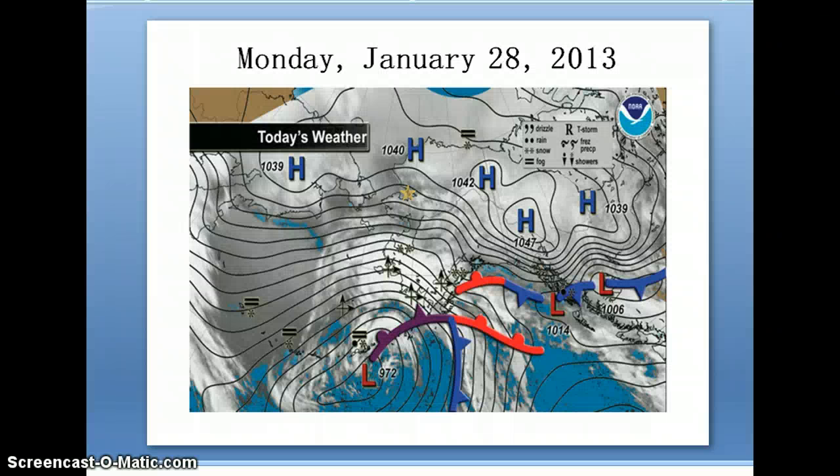So this is the TV weather map for Monday, January 28th, 2013. And this little gold star here is Kotzebue, so you kind of know where it is. You can see there's cloud cover over this area, and there's several highs all around here having a big effect, even though they're kind of far away in proportion to Alaska, because the state's huge.